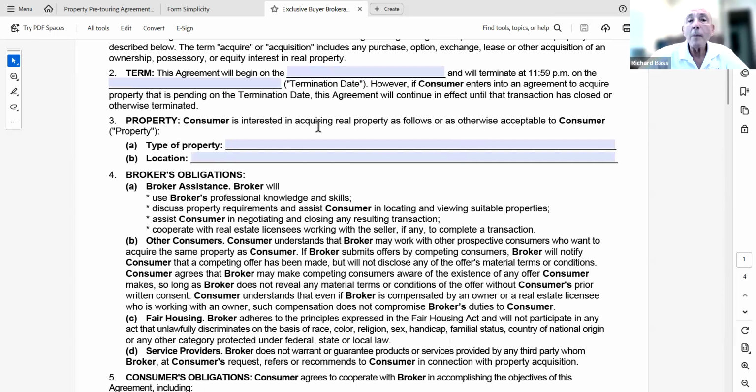Okay. For your property type, you are not listing a specific property on this one. This one, you're listing type of property, single family home. You can put it as broad as residential properties, so whether they don't know if they're looking for a condo or a single family home. And location, you can put Dade, Broward, Palm Beach County.